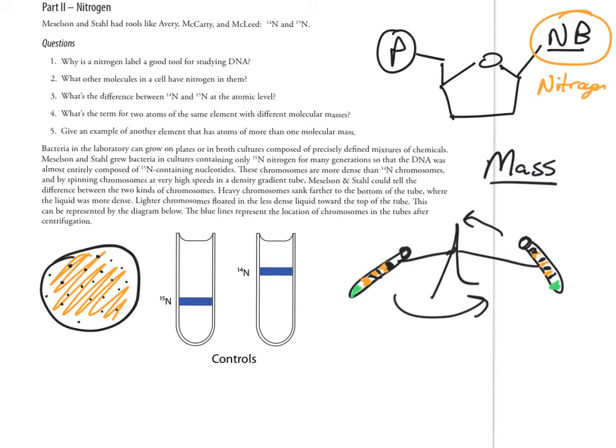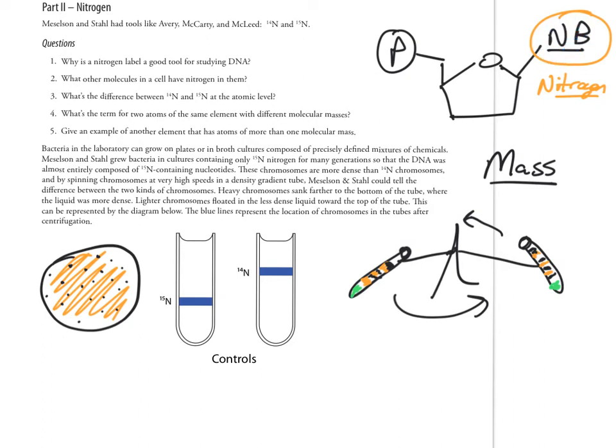You'll notice that nowhere else in this molecule is there nitrogen, only in the base. The phosphate is phosphorus and oxygen, so there's oxygen in the phosphate, but no nitrogen. All the rest of these are carbon, oxygen, and hydrogen. So the only nitrogen you're going to find in DNA or RNA is here in the base.